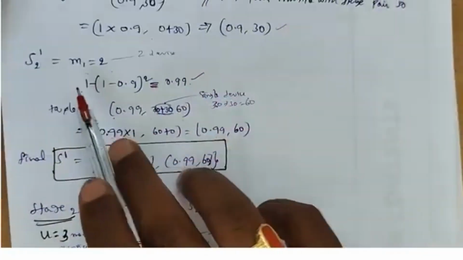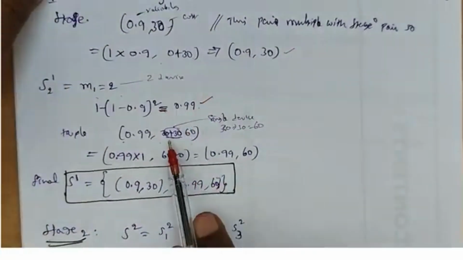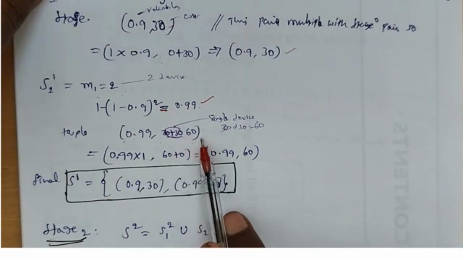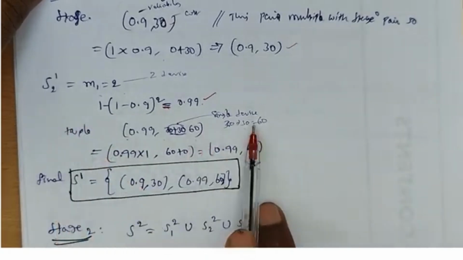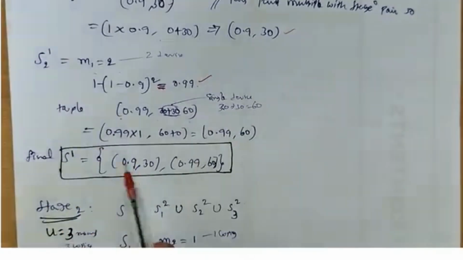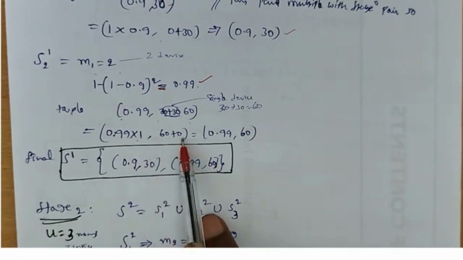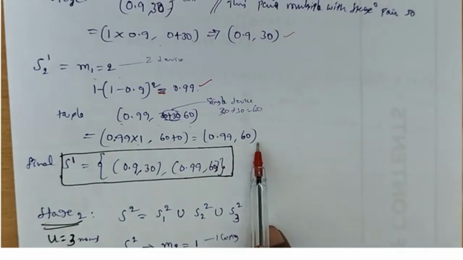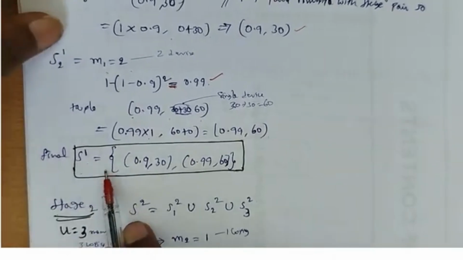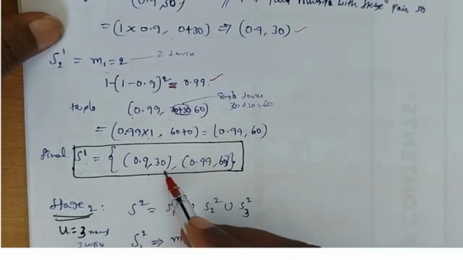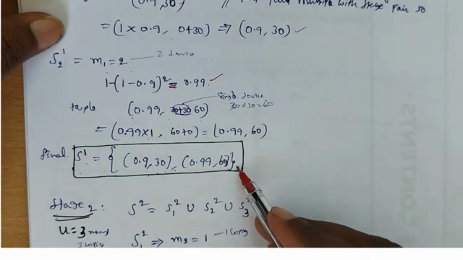Here we are considering 2 devices, so 30 plus 30 equals 60. A single device costs 30, so 2 devices cost 60. Calculating with the same formula, 0.99 into 1 comma 60, that equals 0.99 comma 60. In the final stage, s1 equals 0.9 comma 30 for a single device, and 0.99 comma 60 for 2 devices.